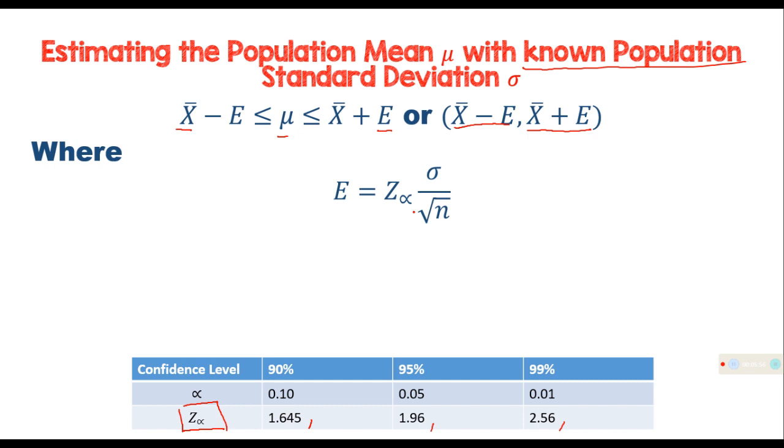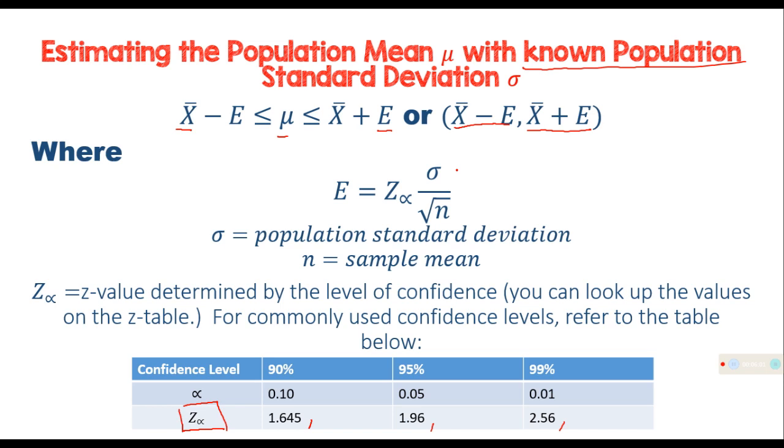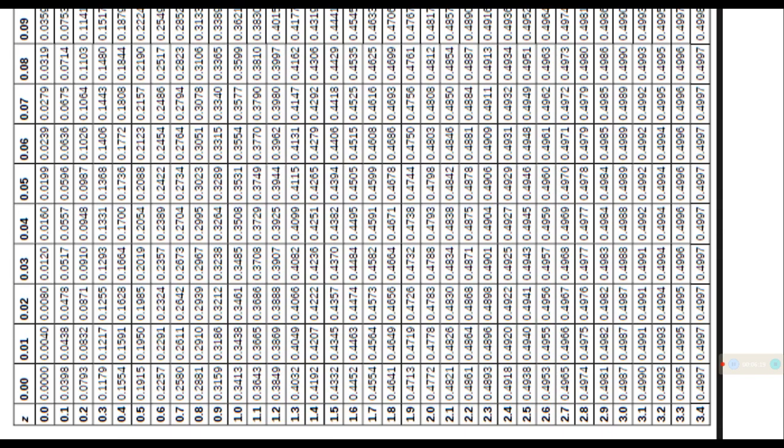So, given na siya. And of course, the sample size N. So, the Z value is determined by the level of confidence. If you are presented with other level of confidence, pwede nyo naman siyang makuha using the Z table. And we already discussed that before. Nung nag-statistics tayo, nung first year kayo. So, if you need a more comprehensive table, I also included it on your module. So, please just check it out.